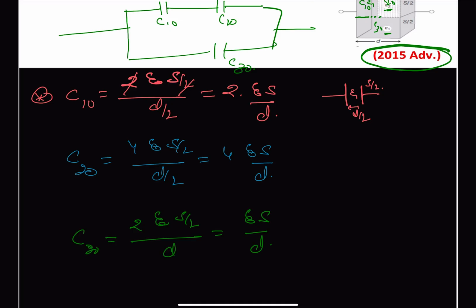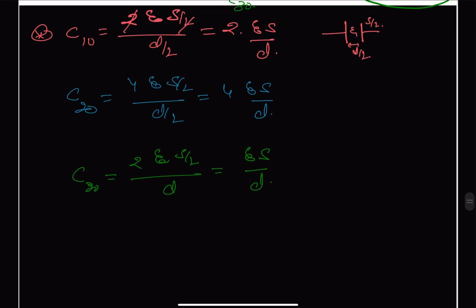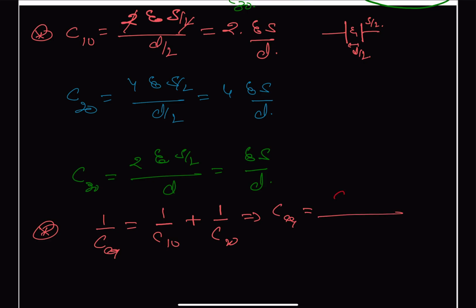Now C10 and C20 both are in series, so we can find out their equivalent. So we can say our 1 upon C equivalent will be equal to 1 upon C10 plus 1 upon C20. And so from here we can say our C equivalent will be equal to C10 multiplied by C20 divided by C10 plus C20.